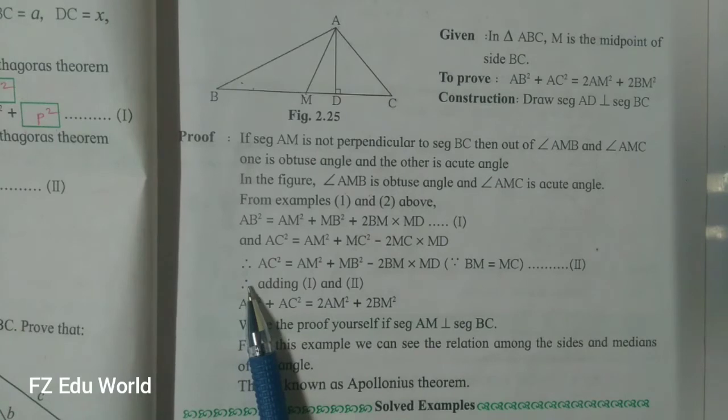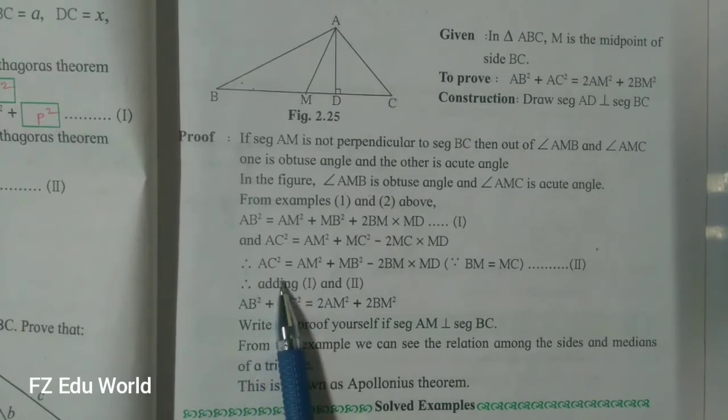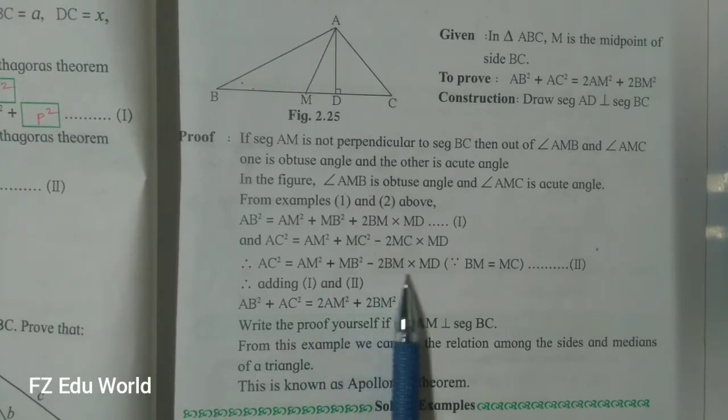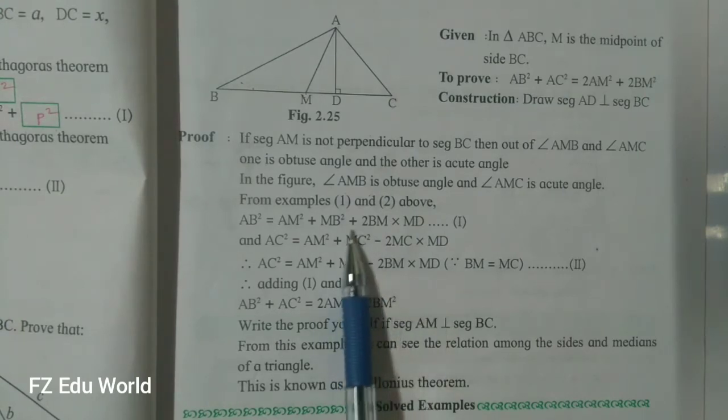Therefore, AC square is equals to AM square plus MB square minus 2BM multiplied by MD, since BM and MC are the same. So we can write BM instead of MC here.